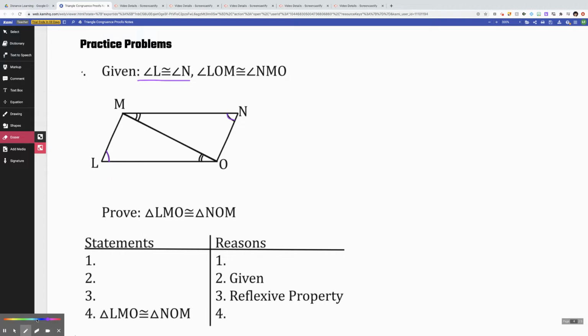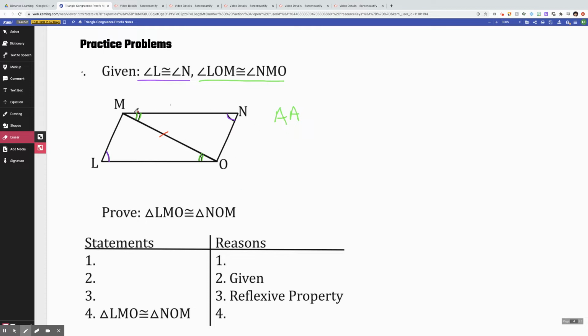And then they also said that angle LOM is congruent to angle NMO, which is this one with the double congruence marks here. So very nicely, I already have two angles, so I just need a side, right? And lucky for me, these two triangles share a side right here, side MO.